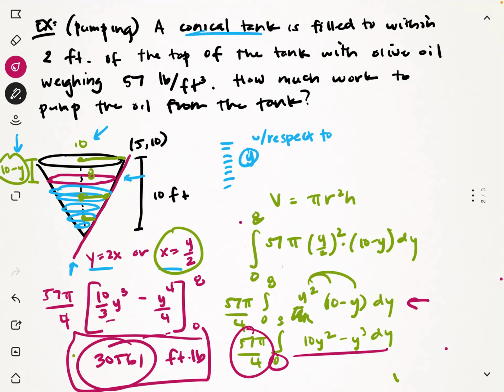Okay, so let's go back and talk about this. We started off with our cone. We knew that it wasn't all the way full, so we said that 10 minus y part was going to represent the height of our liquid. We also knew that the cone wasn't filled all the way up, so our integral was from 8 to 0 because we knew the original height of the water was 8 feet deep.